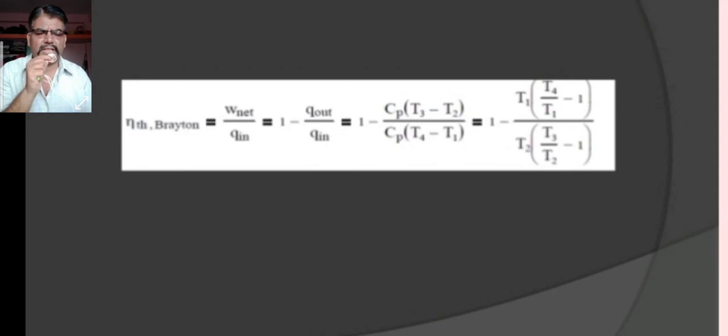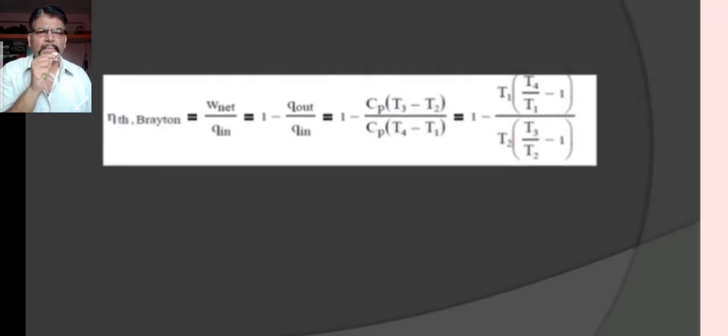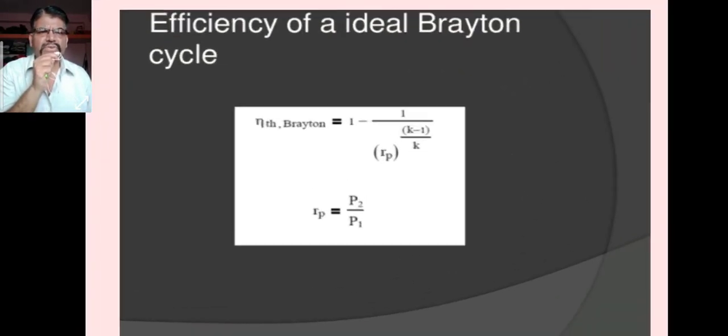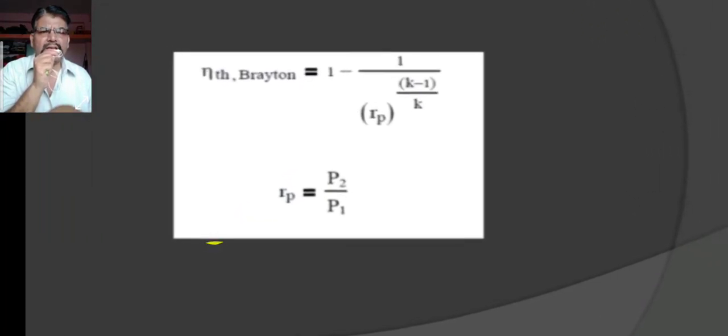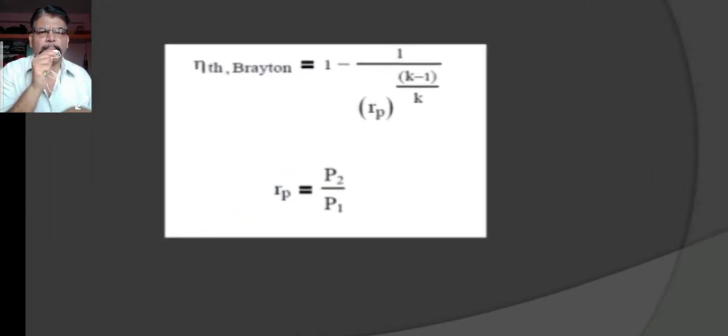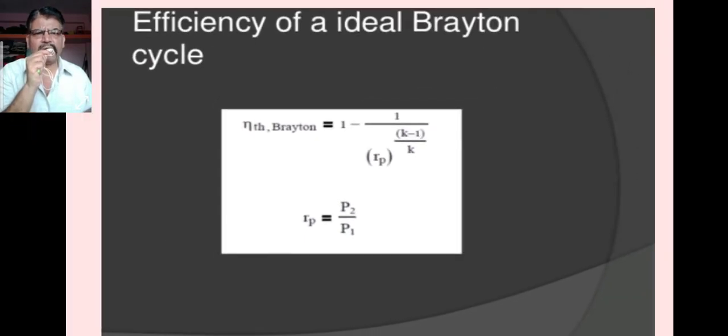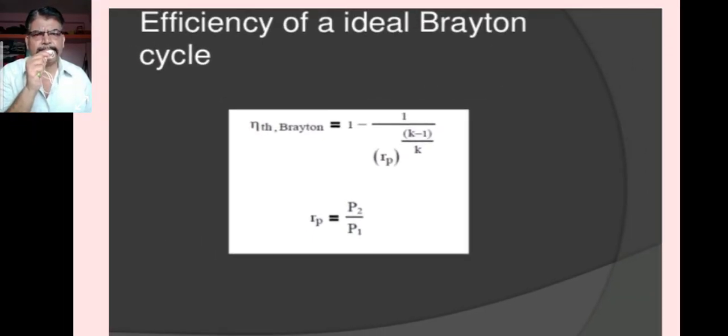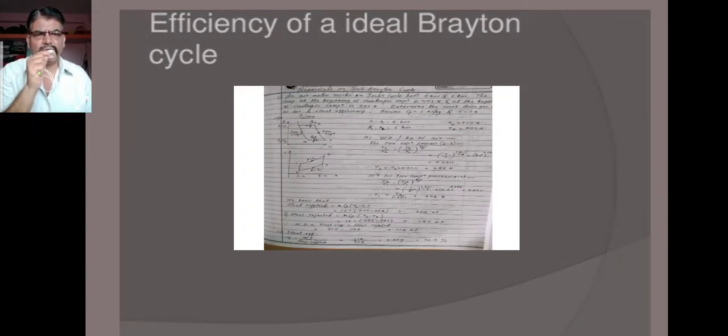So in this way the final efficiency we can write as 1 minus 1 upon Rp raised to gamma minus 1 upon gamma, or gamma is nothing but K, the adiabatic or the isentropic index. So the value for the standard is taken 1.4.